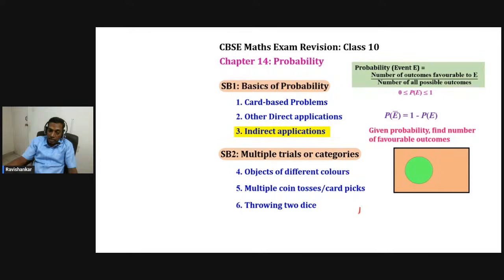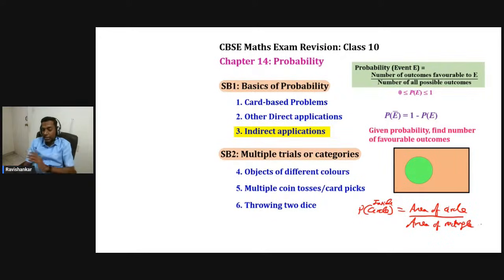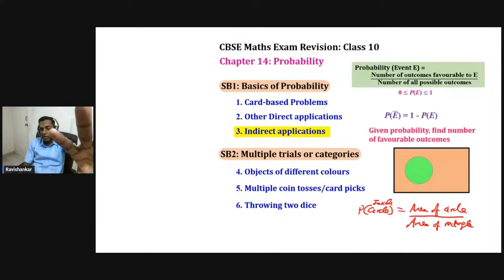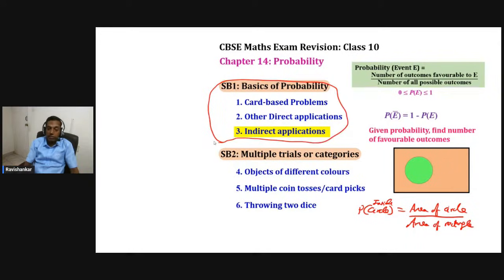So P of inside circle, you will do as area of circle by the area of the rectangle. Now, this is all one skill builder on the basics of probability. So this is one skill builder.